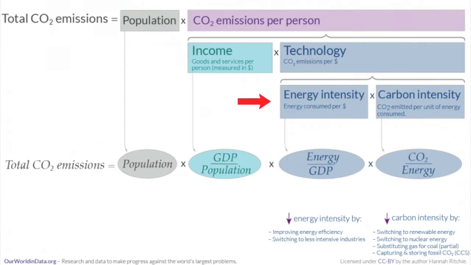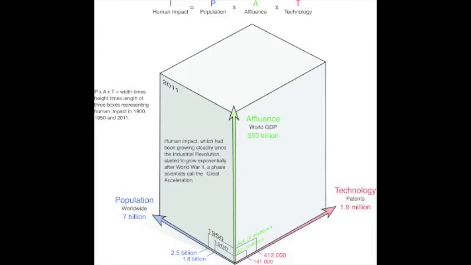The technology also covers the carbon intensity and the energy intensity, because it also includes the efficiency and how we use this energy. So then, if we need all these components, we come up with something that we discussed before, that is called the IPAT identity.